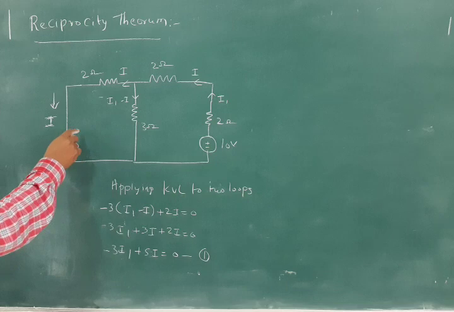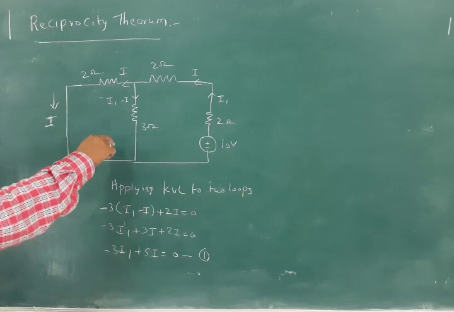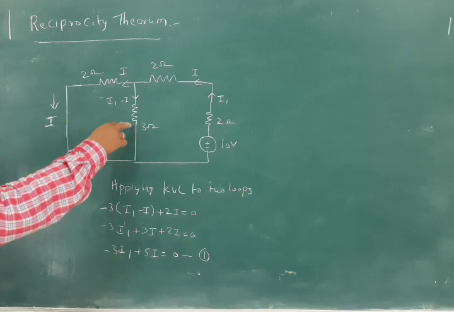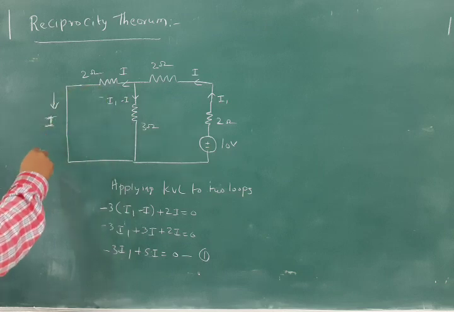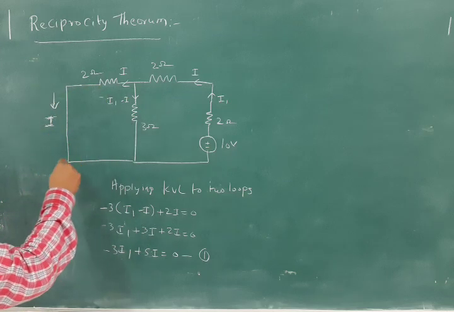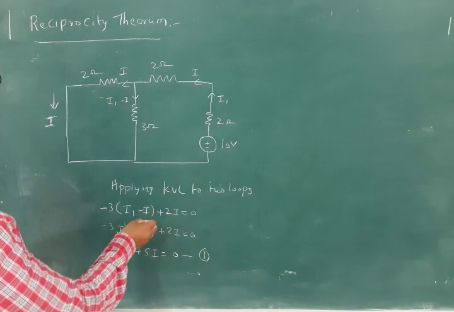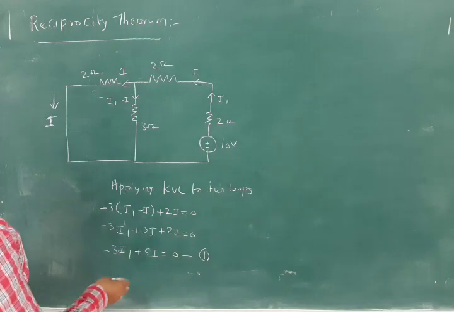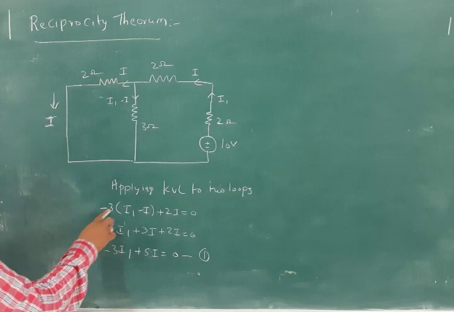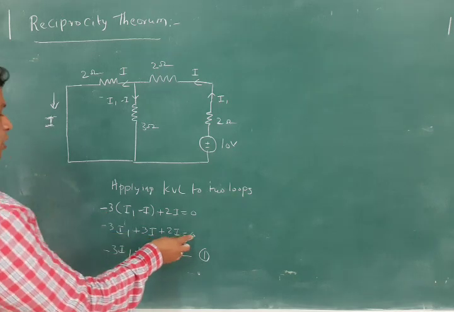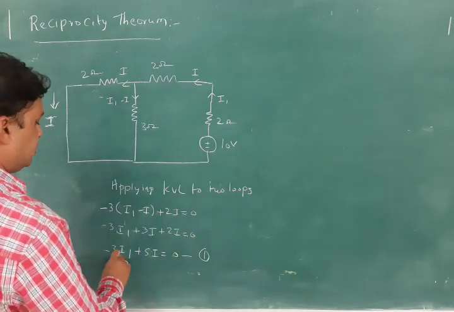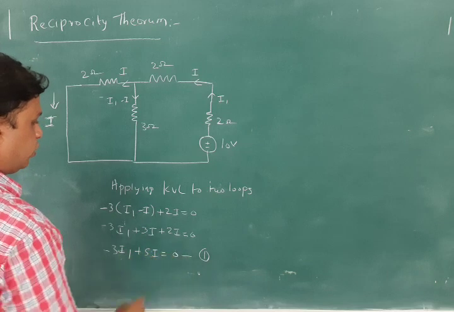By applying KVL to this loop we got minus 3 into (I1 minus I) plus 2I. Minus of minus becomes plus, so minus 3I1 plus 3I plus 2I is equal to 0, that is, minus 3I1 plus 5I is equal to 0, one equation.